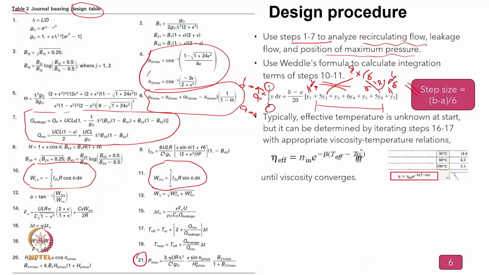Now one major issue comes in when we are solving the bearing problem: viscosity and temperature dependence. In the previous lecture we took an example of how to calculate the pressure with the viscosity and temperature relation. We simplified it by saying that one of the temperatures can be utilized as a constant value; last time we showed that as eta 60.